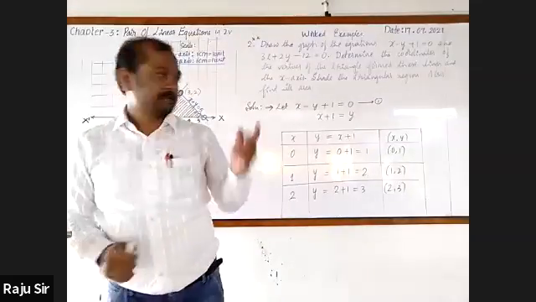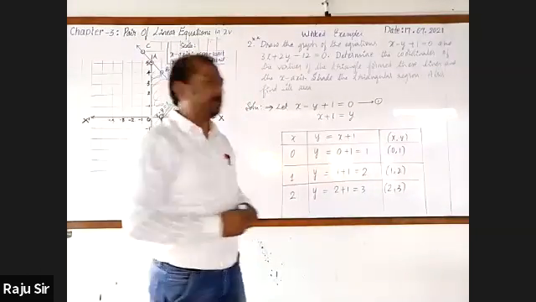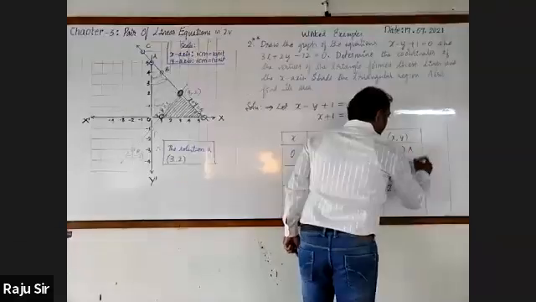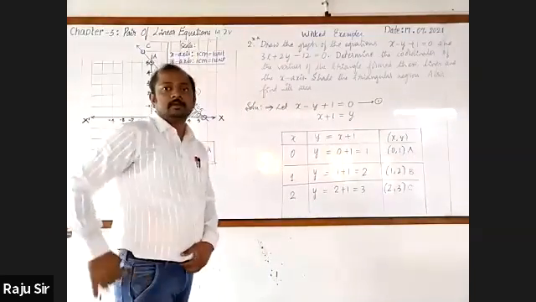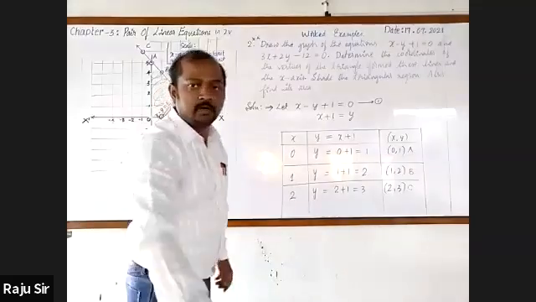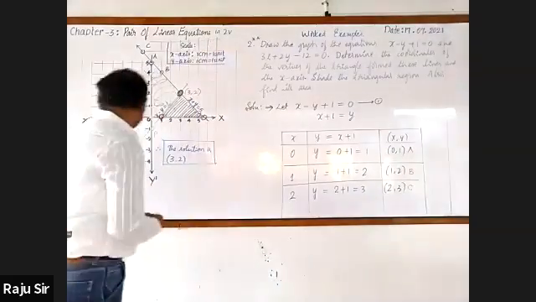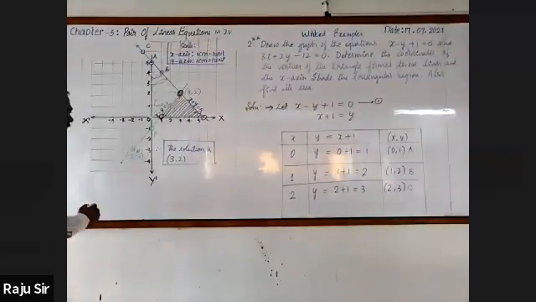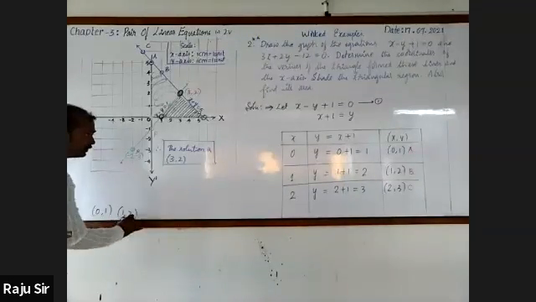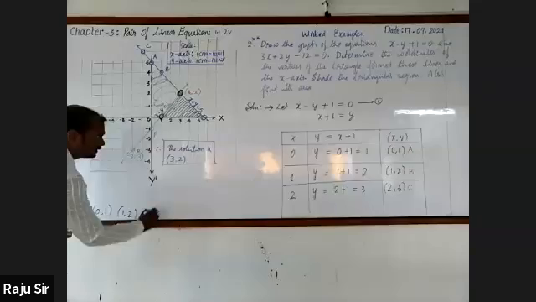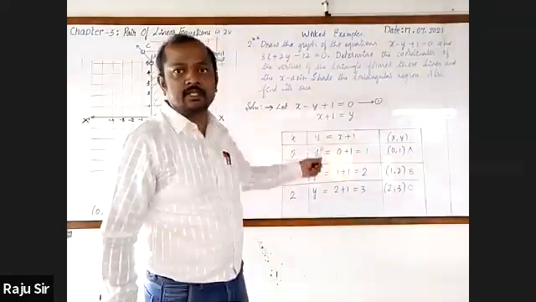Now you may name the points as A, B, and C. For my reference, I am writing here 0, comma 1, 1, comma 2, 2, comma 3. Now I'll take the next equation.